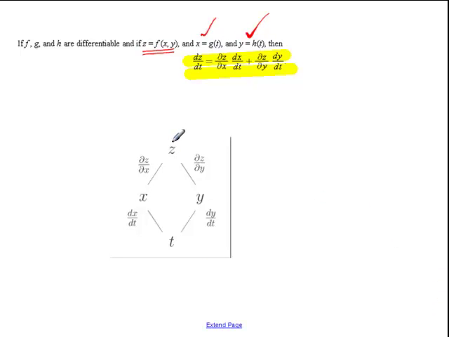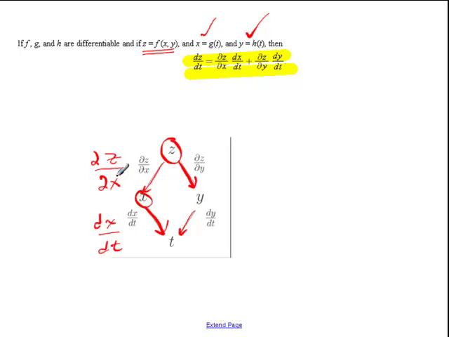So z depends on both x and y. And x depends on t, and y depends on t. So my x value changes as a function of time. And as my x value changes, it changes z, a partial derivative. And we've got a partial derivative here because z changes from both x and y.